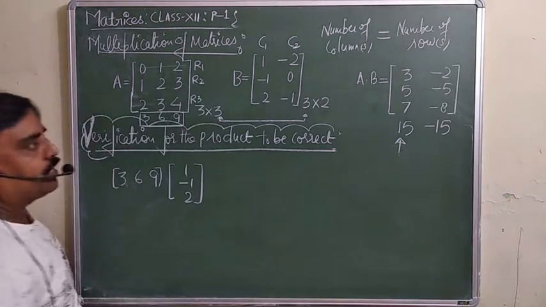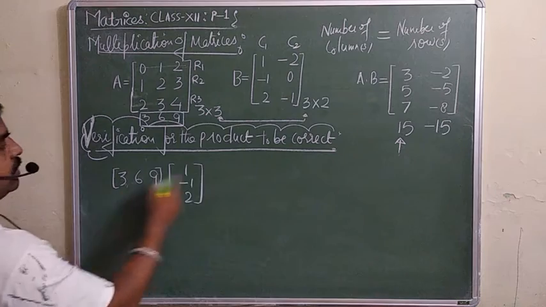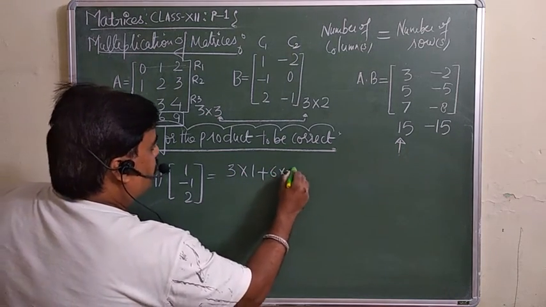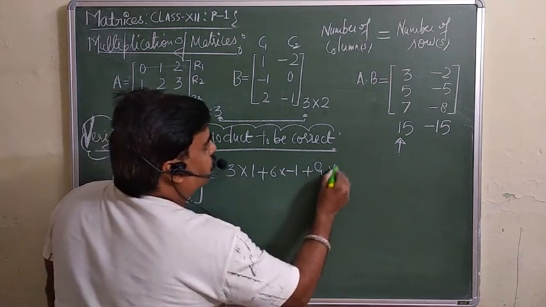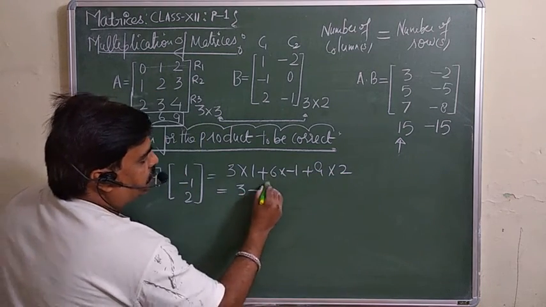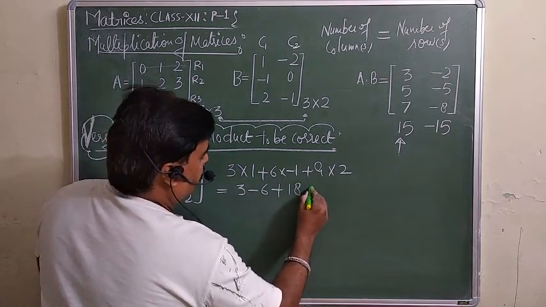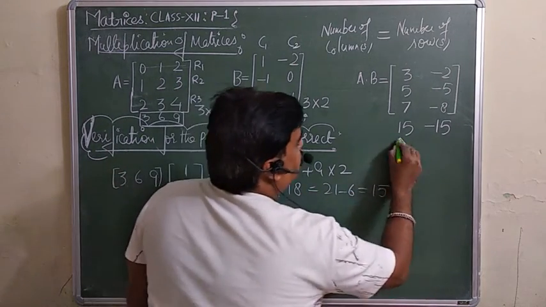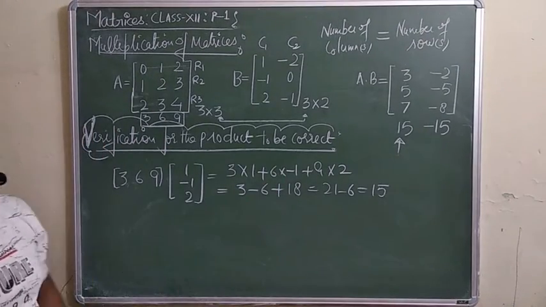If it does, the first column is correct. So 3 into 1 plus 6 into minus 1 plus 9 into 2 gives 3 minus 6 plus 18, that is 21 minus 6, which is 15. It means this column is correct. It's coming equal to this one.